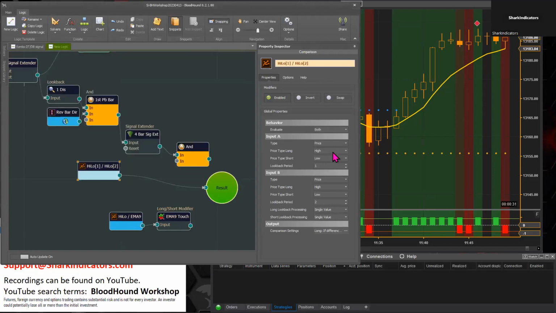So I'm actually going to reverse things around here. Again, when you're building a reset signal or an invalidation signal, it doesn't really matter.